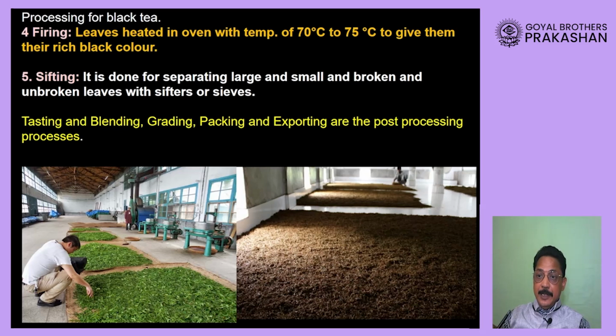Firing means heating those tea leaves at a high temperature of 70 to 75 degrees Celsius. And when we start heating the tea leaves, dear student, they start becoming blackish in color, the tea that we people consume. But now in this tea, there will be some big particles, some very fine particles, some medium sized particles of the tea.